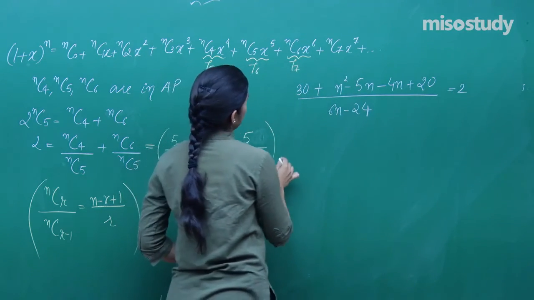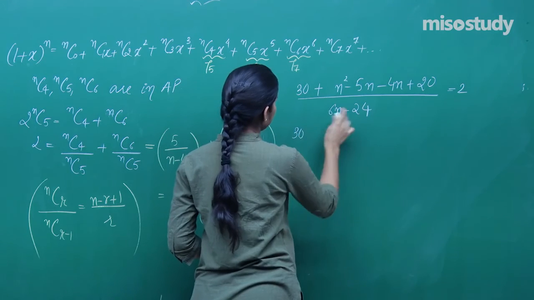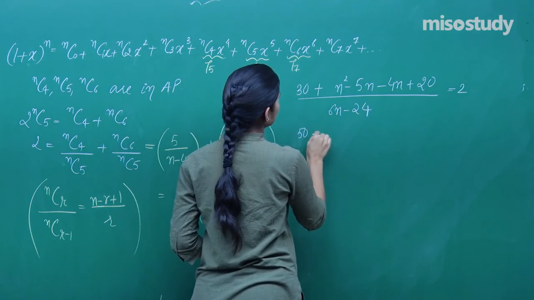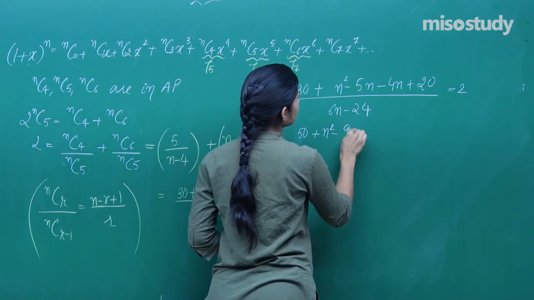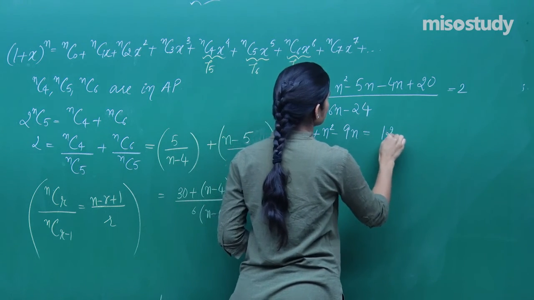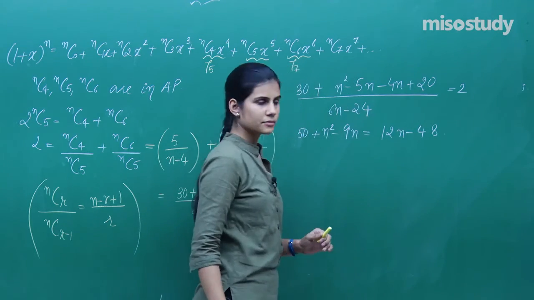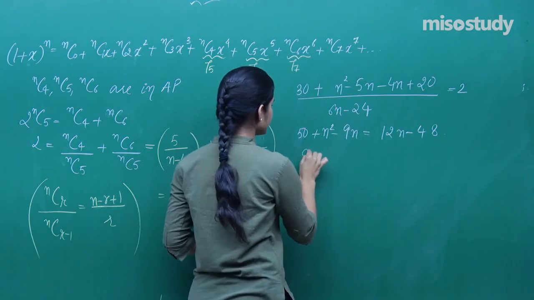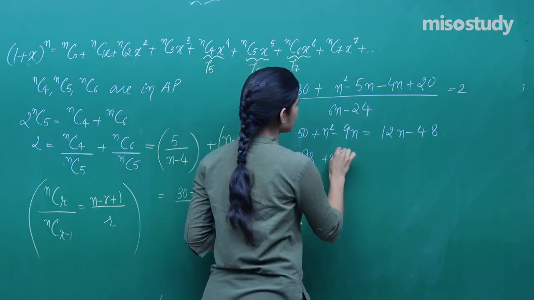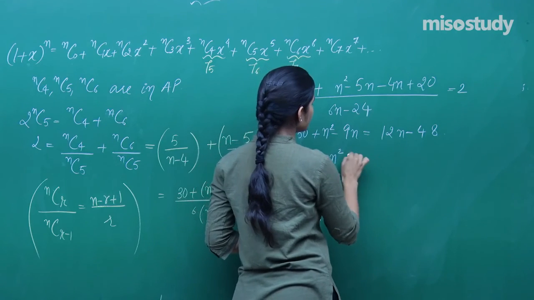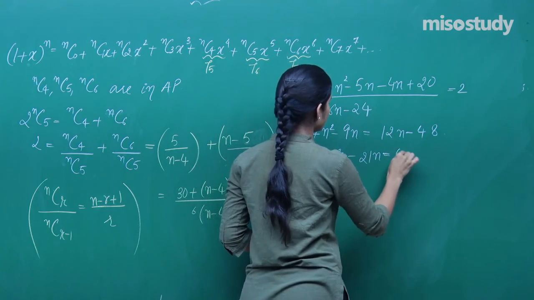This gives you what? 30 plus 20 is 50 plus n square minus 9n equals 6 2s are 12n, 24 into 2 is 48. 50 plus 48 is 98 plus n square minus 9 minus 12 is minus 21n equals 0.